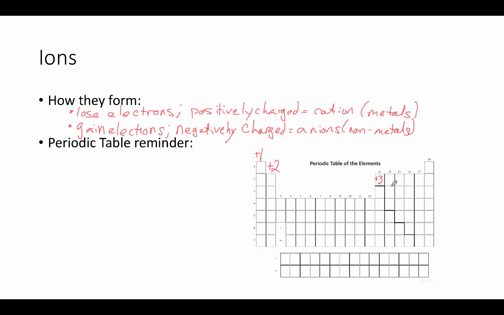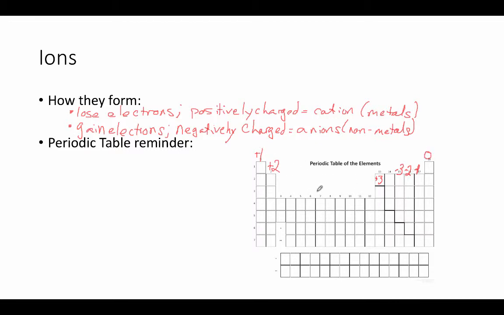These generally don't form ions because they can either gain or lose 4, and so they generally don't form ions. Our column 15 will form a -3 ion. Our oxygen family will form a -2 ion. Our halogens will form a -1, and our noble gases do not form ions.